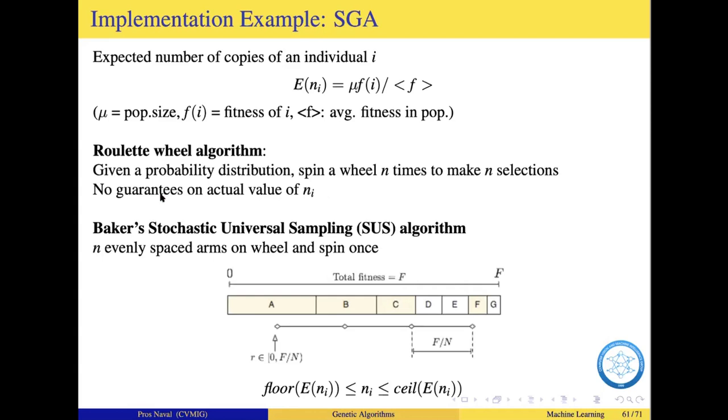Now there's another algorithm that is similar. It's called Baker's stochastic universal sampling algorithm. So here there are n evenly spaced arms on the wheel, and we spin it once. So the idea here is captured by this picture. The total fitness is this. So you have here 0 to F, and the fitness of A is this much, fitness of B is this length here, and so on.